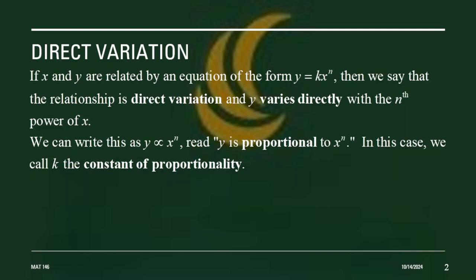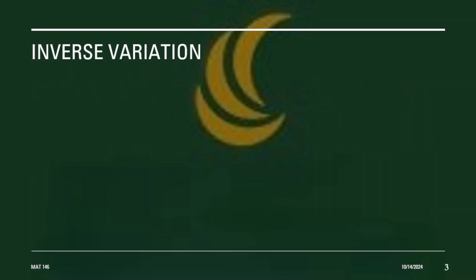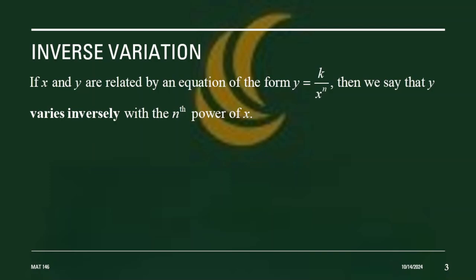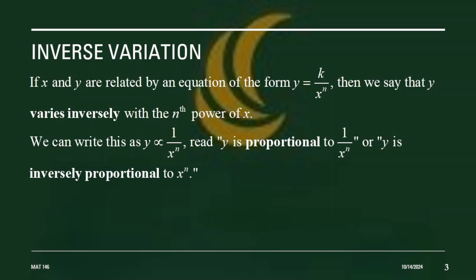And the second type of variation is inverse variation. Right, so we have a relation y equals k over x to the n. We say that y varies inversely with the nth power of x. And we'd also write it as a proportion.